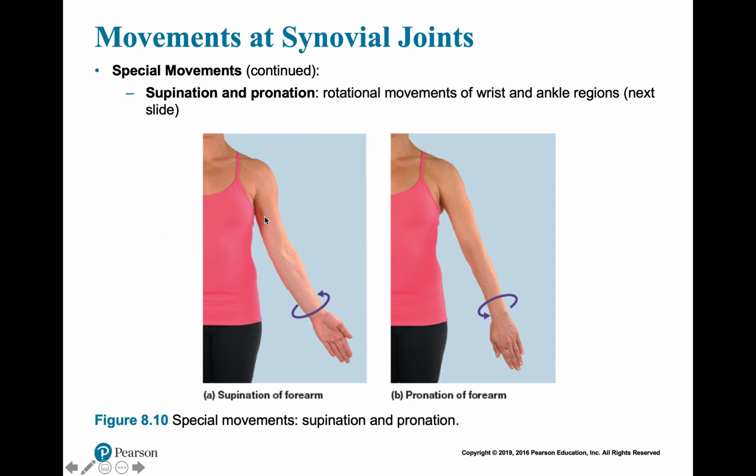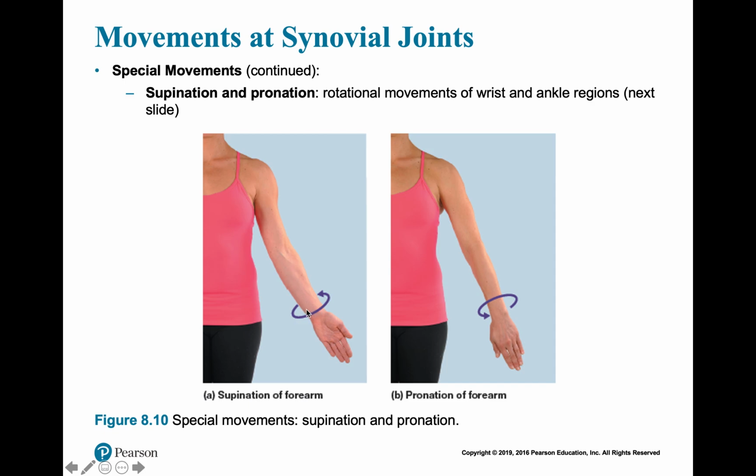Special movements continued. So supination and pronation. This is a specialized rotational movement, and it's specific to the movement between the radius and the ulna, all right? So the head of the radius fits into the radial notch of the ulna.